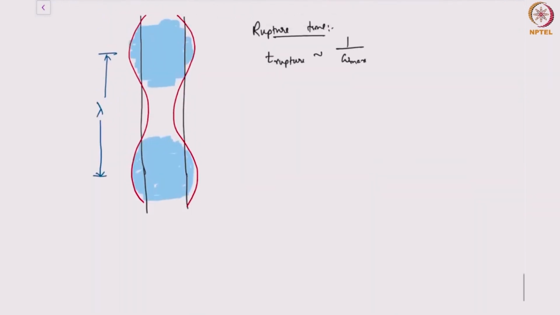Okay, and so if you use the rupture time for the maximum growth, the rupture time will turn out to be something like 2.9 square root of rho R0 cube by gamma. But more importantly, I want to note that this is an order 1 factor multiplied by rho R0 cube by gamma.